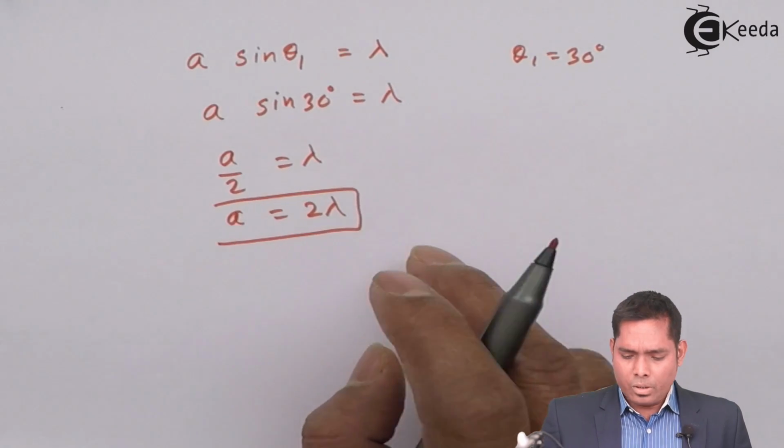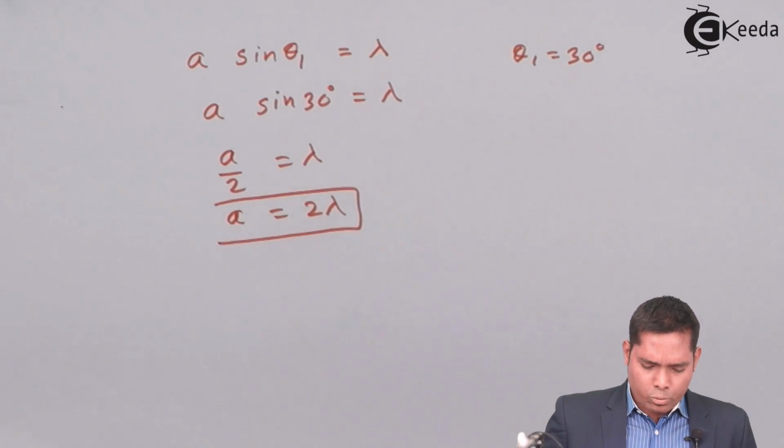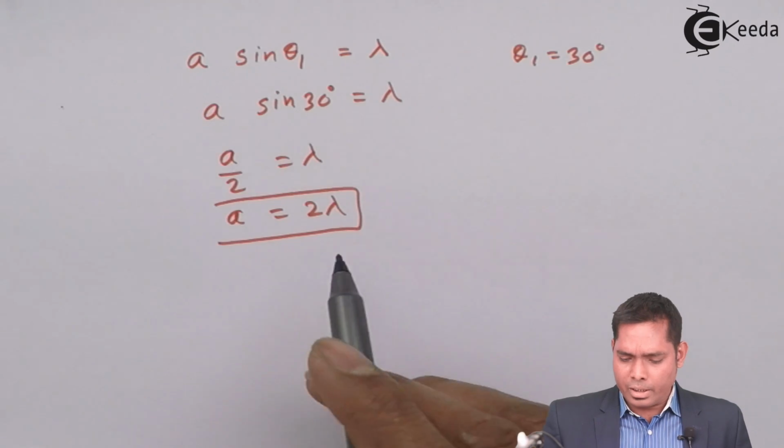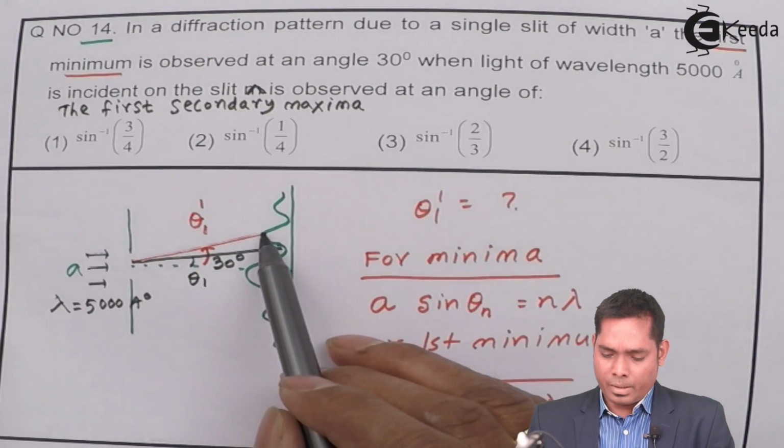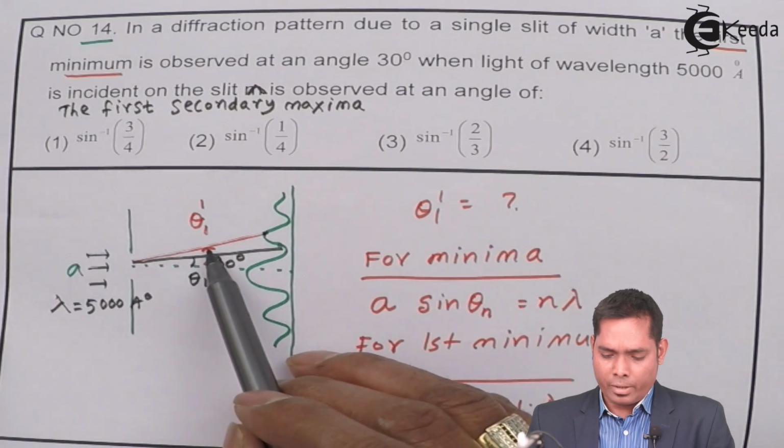Now we'll switch to the second case of secondary maxima. This angle I have to find.